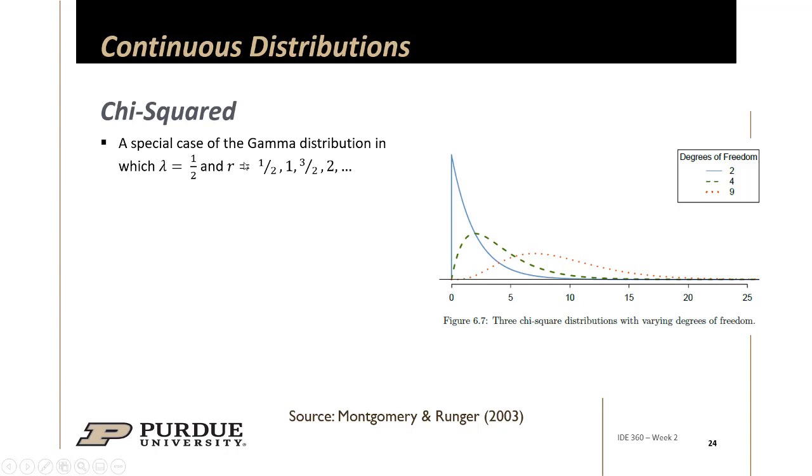So when we have a gamma distribution with lambda equal to a half, and r in terms of halves or integers, then we have a chi-square, and the chi-square is quite particular and useful in this course. So we're going to talk about that a bit later.